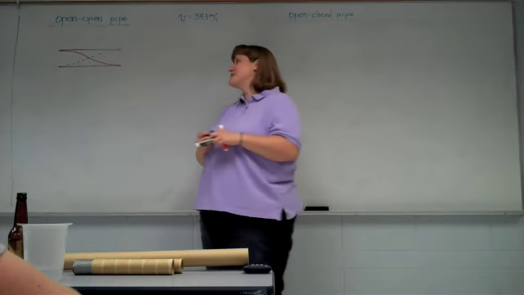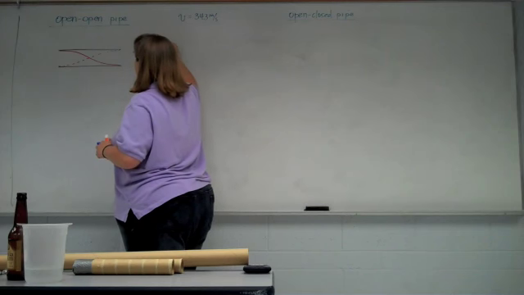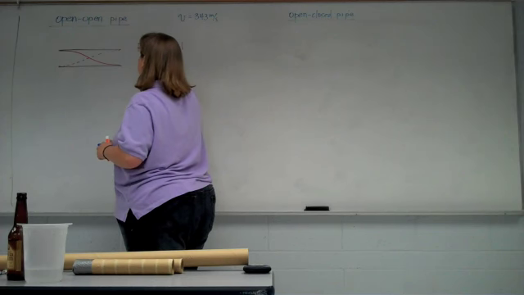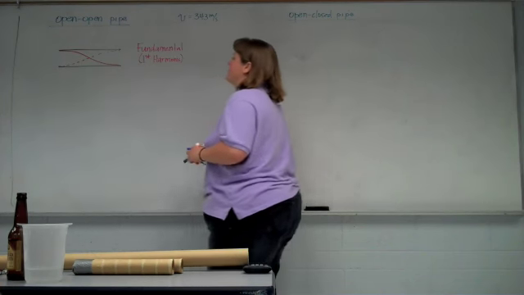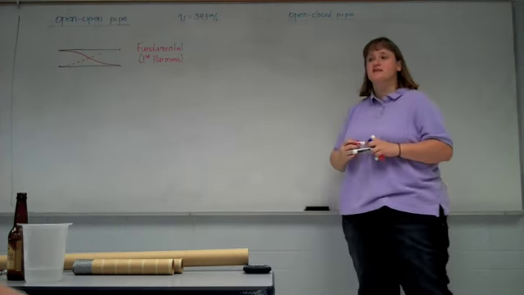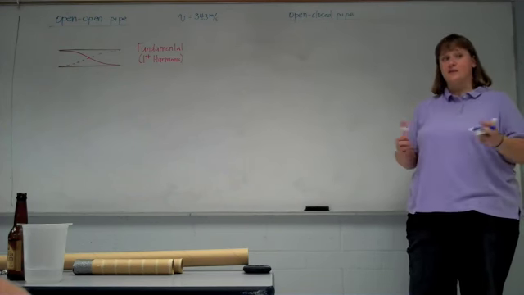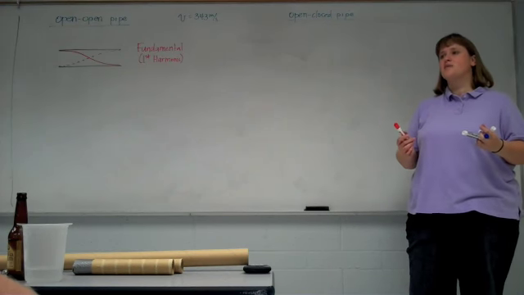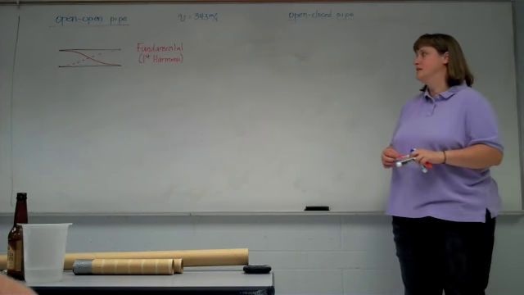Because it's the simplest pattern, it is called the fundamental, which can also be called the first harmonic. There is a very specific frequency that allows for that to happen. It is called the fundamental frequency. So the terminology we used with the strings is still taking place here.